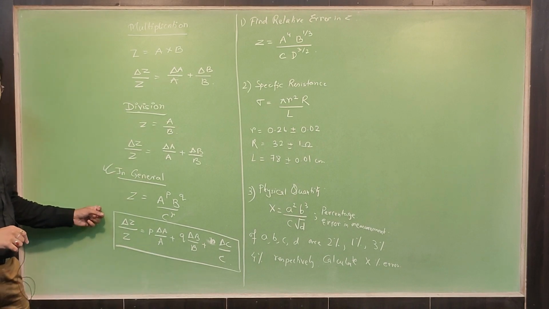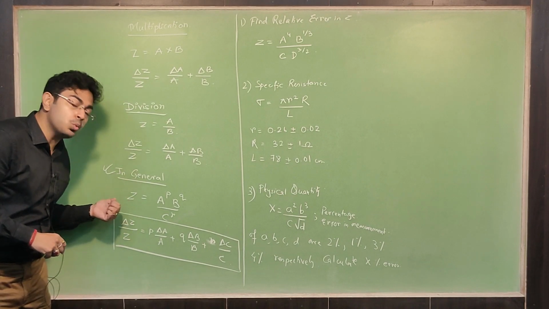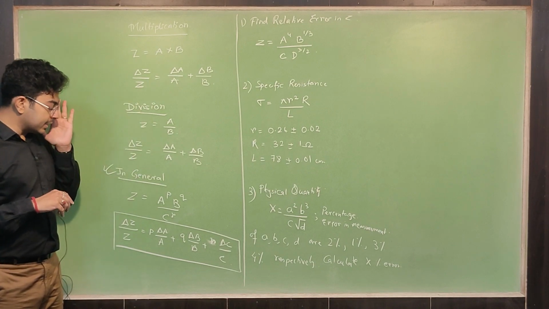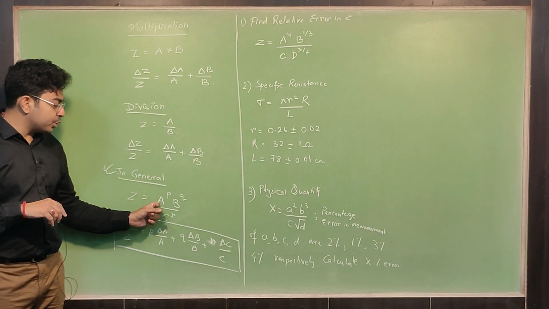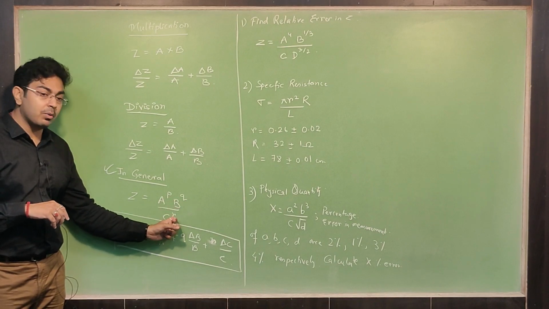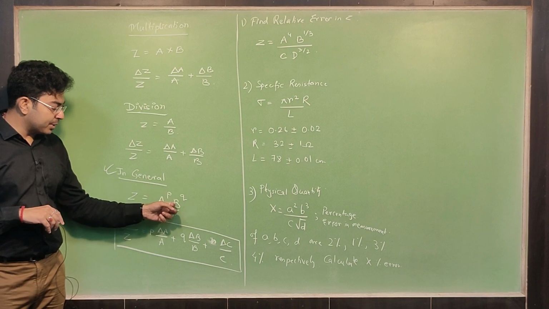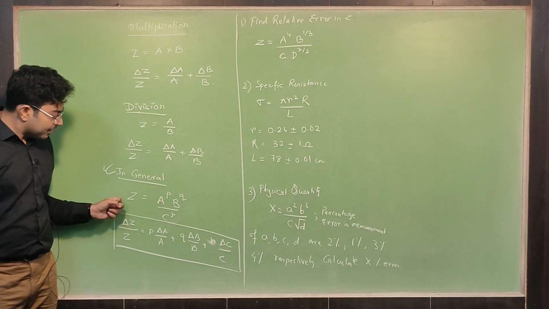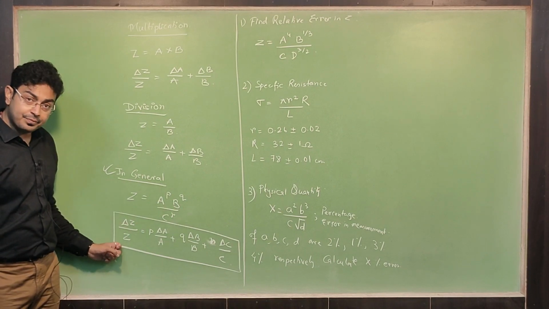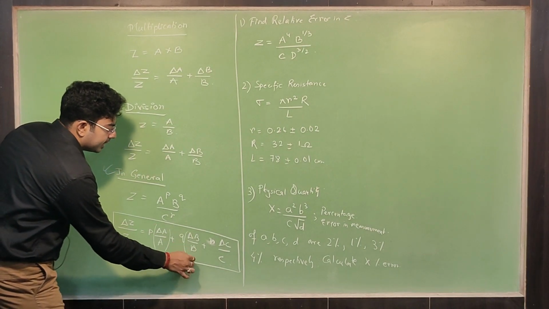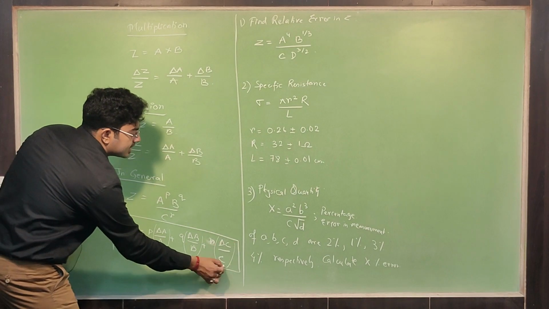Now, this is the general case. This is the most important one, and you need to use it more often compared to these two. Z is given as a to the power p, b to the power q, and c to the power r. To find delta Z by Z, this part is very easy: delta a by a, delta b by b, delta c by c.